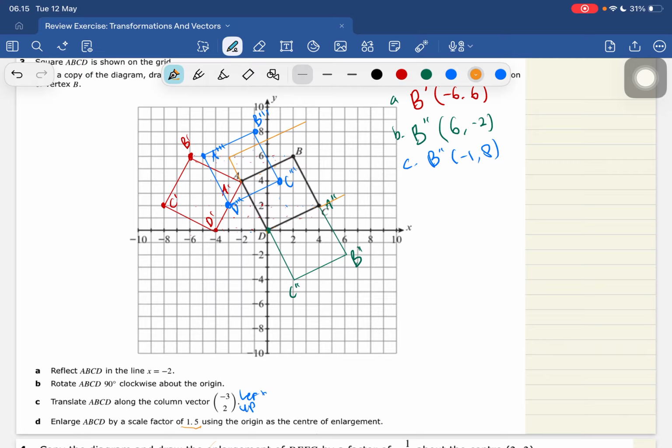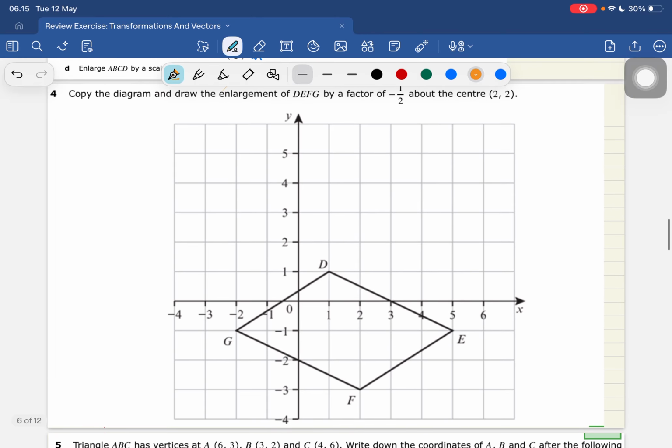Wait, it's not. Here it is, enlargement by 1.5. Okay, we can connect it. Here is C, D, B, and A. The coordinate of B, the fourth B, is (3, 9).